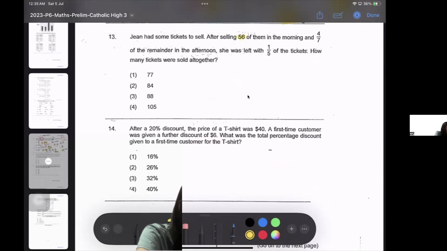The first line is 56 in the morning. So let's write that down. 56. Let's start with the first one first. Some tickets to sell. So let's start with the some tickets she had. And then next one is she sold 56 of them. So 56 sold. And that was in the morning.